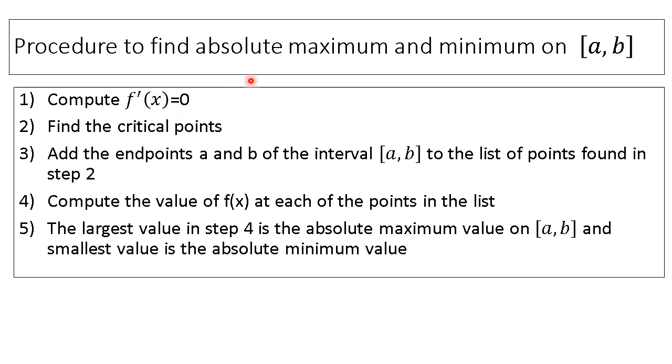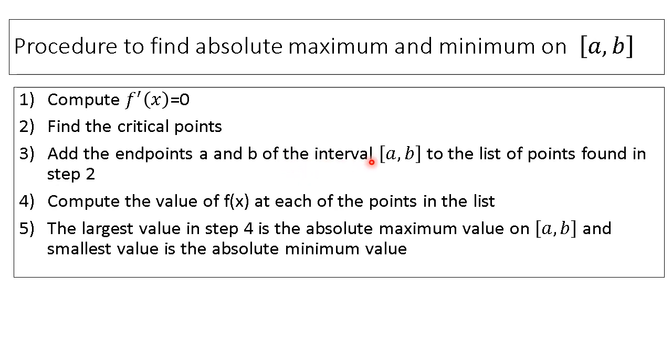First, find f dash of x, equate f dash of x with 0 and find the critical points, which means the roots of this equation. Evaluate critical points including endpoints.